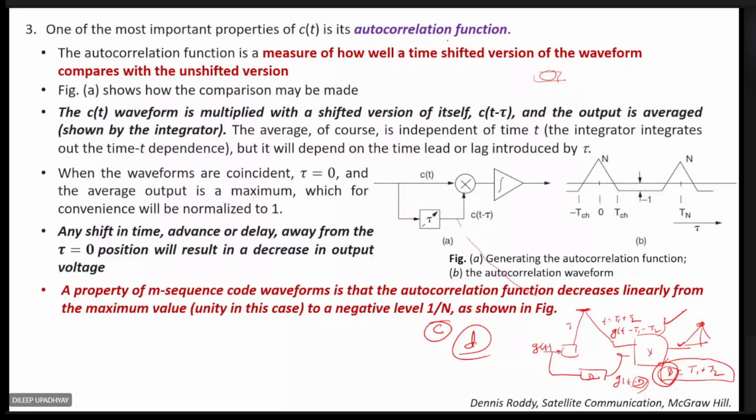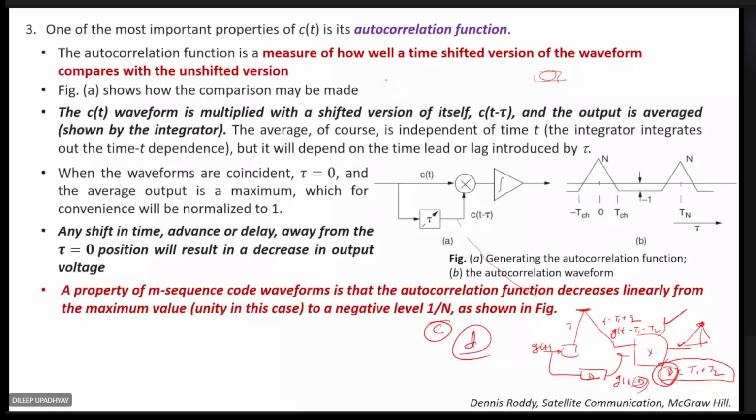Okay, so these are some important properties of the PN sequence. So that is the end of the PN sequence. Now, in PN sequence, what are the various things which we have studied?